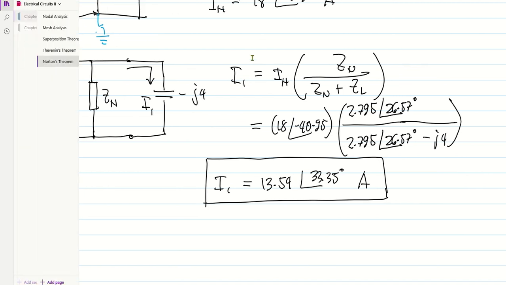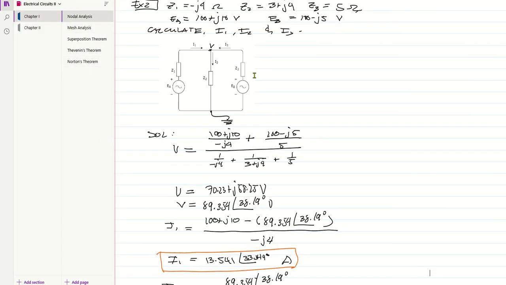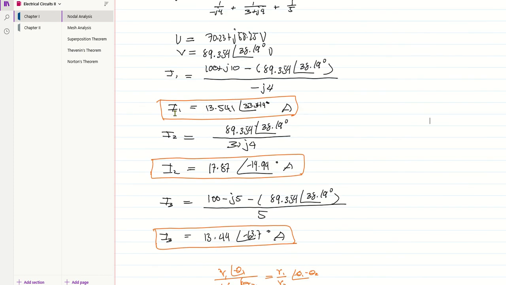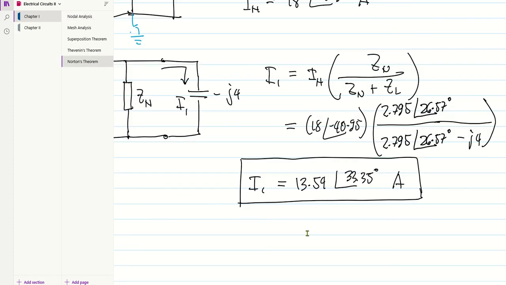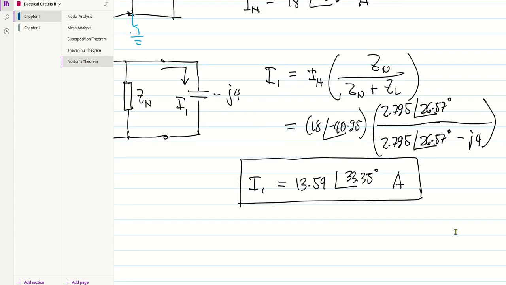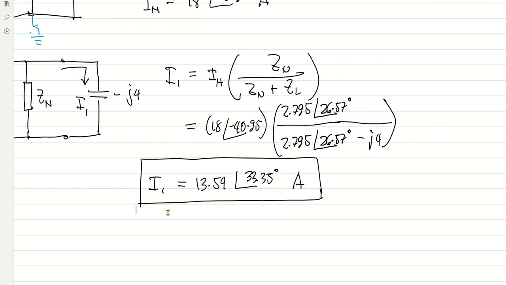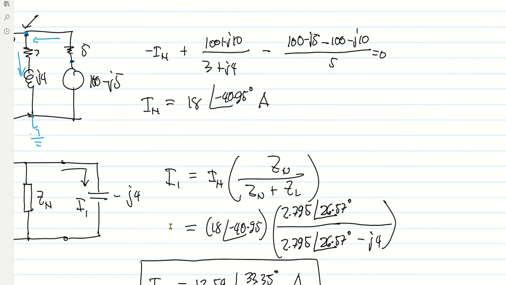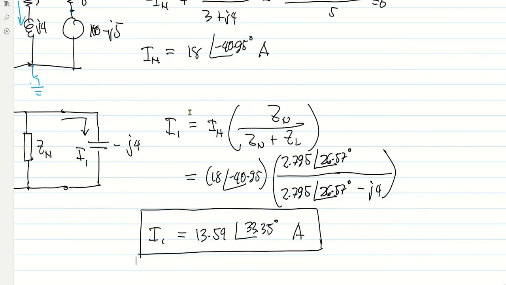So we check from our previous discussion, I1: 13.541 angle 33.3491. So it's accurately correct. For the mesh analysis, we have 13.54 and 33.34. So this is how you do Norton's theorem in AC circuit.